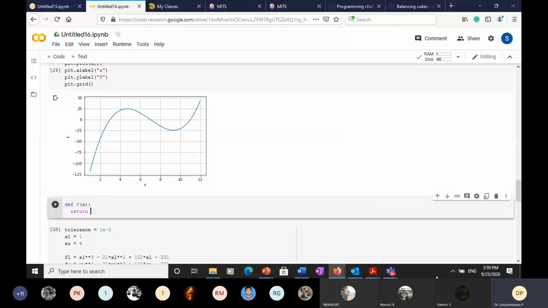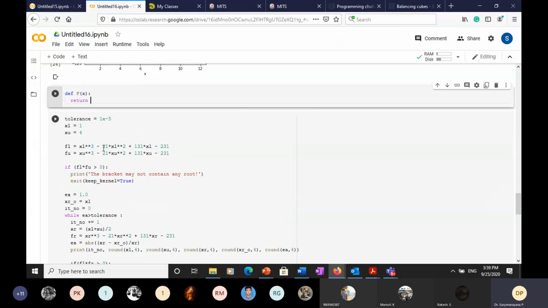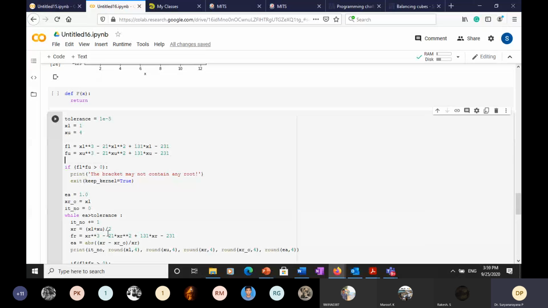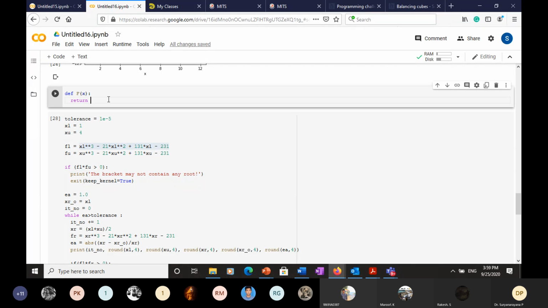See, instead of writing the entire function wherever we have to evaluate the function value, 3 places, we are typing the whole function. Instead of that, if you move that here, since I'm calling it x, I'll simply call it x here.